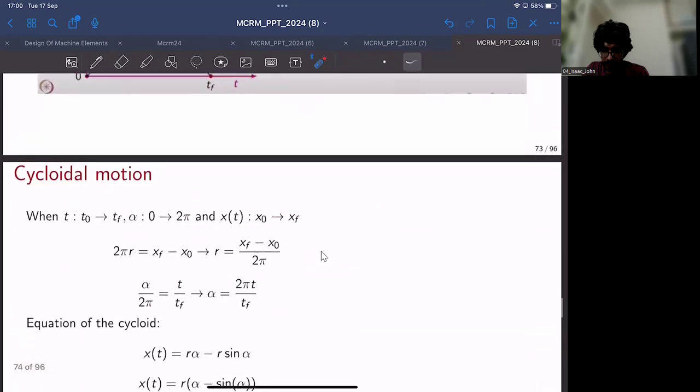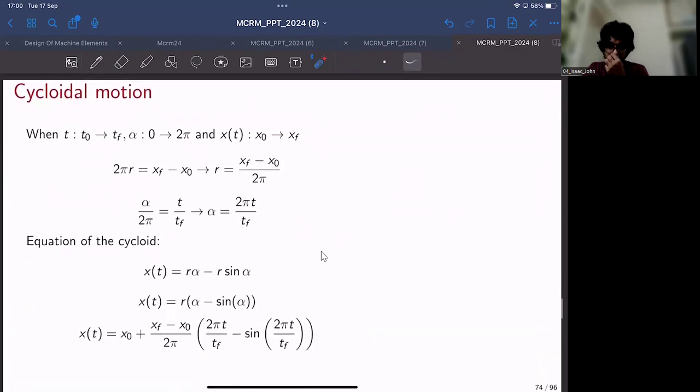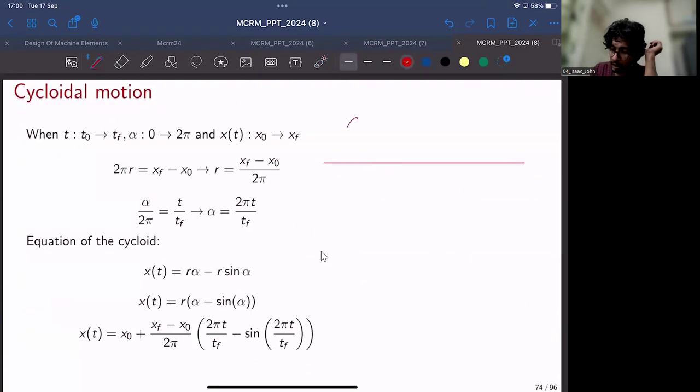Okay. Then we have also seen trajectory planning similar to a cycloidal motion, where a cycloidal motion is nothing but this: if you roll a circle or a cylinder over a straight line and trace a point as the circle rolls, it depicts a curve, and that curve is what we call a cycloid.